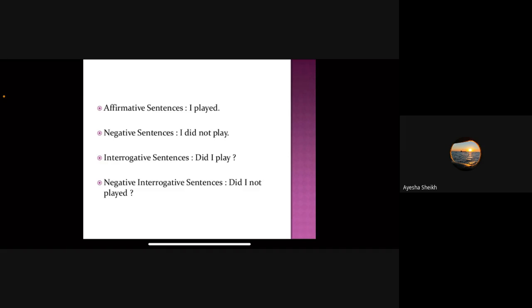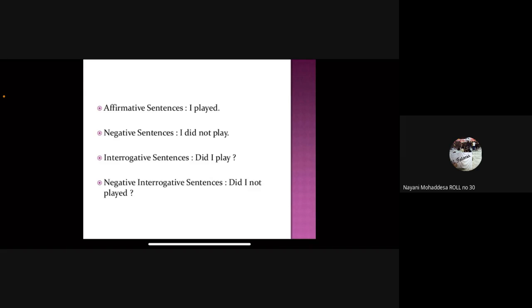In affirmative sentences. No. In interrogative, have I played? Have will not come. Have will come in perfect tenses. Played will come. Where? Interrogative.